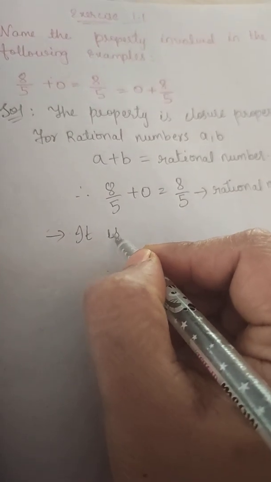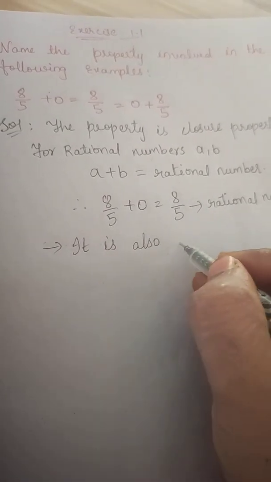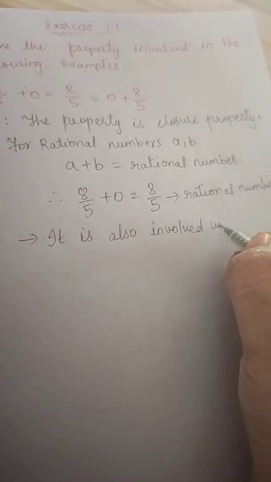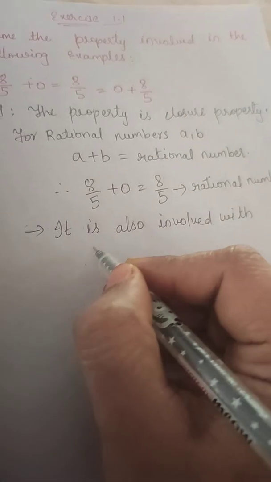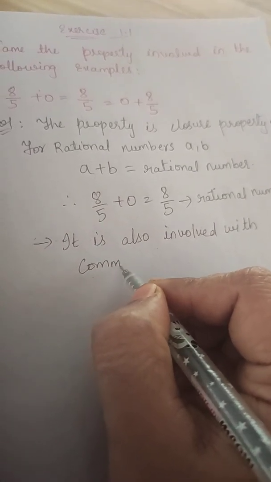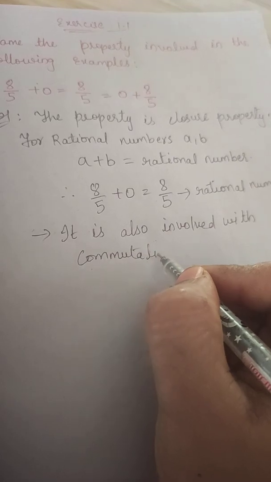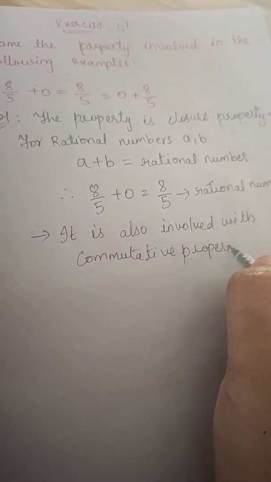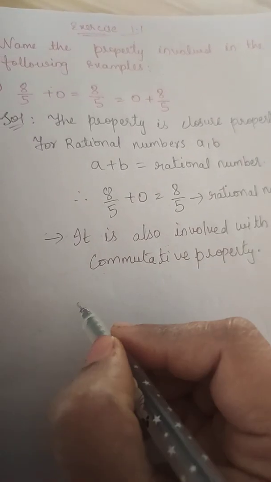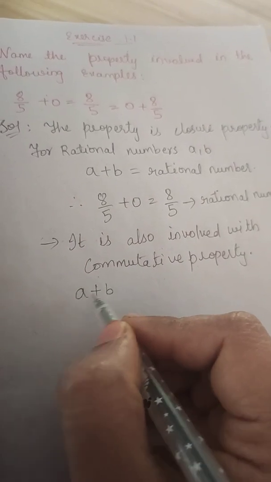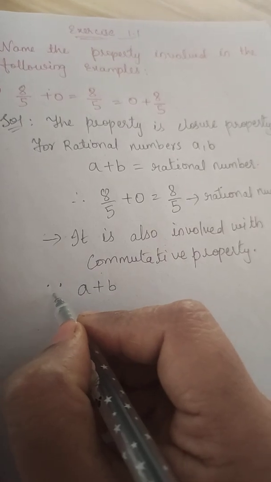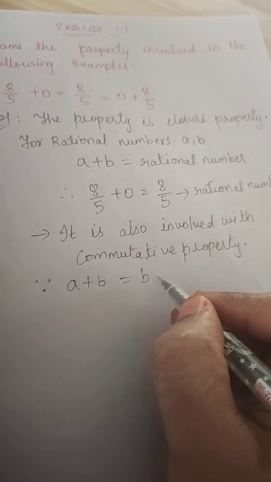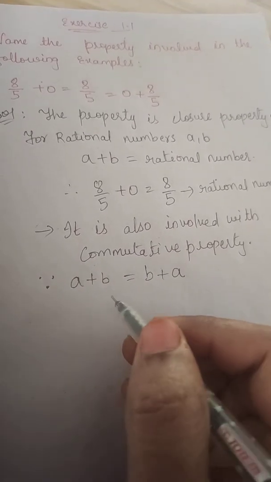It is also involved with commutative property. Okay, what is commutative property? a plus b is equal to b plus a.